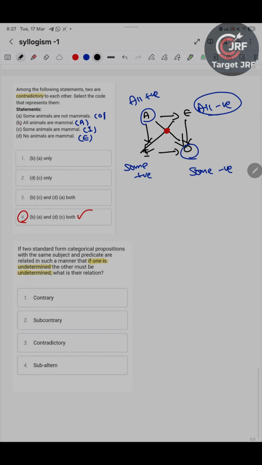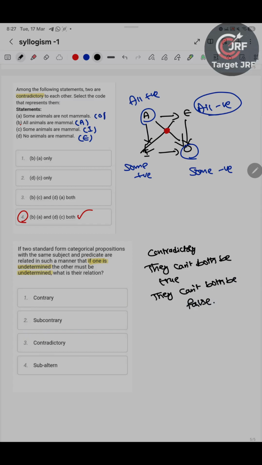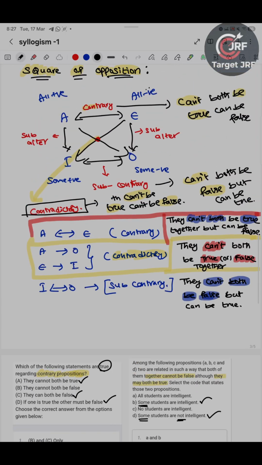So if one is true, the other one must be false. If one is false, the other one must be true. But if one is undetermined, the other one can also be undetermined. So option 3 is the right answer. Contradictory. So these are the few problems on square of opposition.